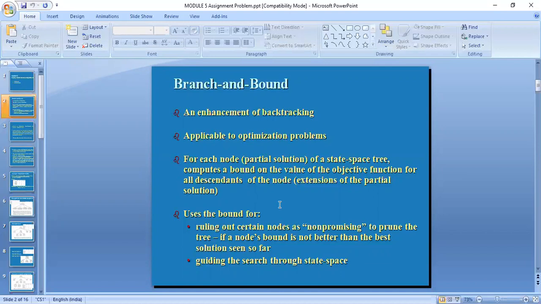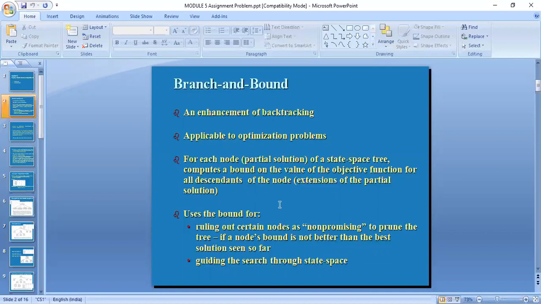So for each and every node, to get a partial solution for the state space tree, we will be computing a value. The value we compute will depend on some functions.